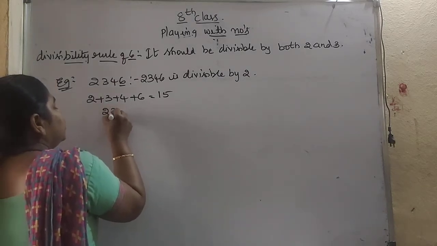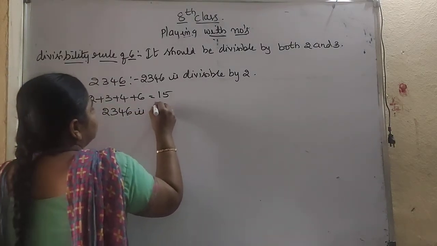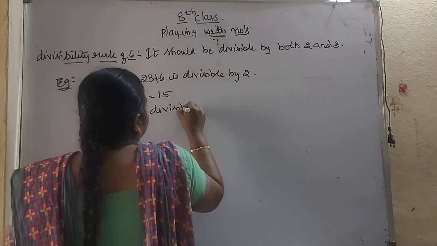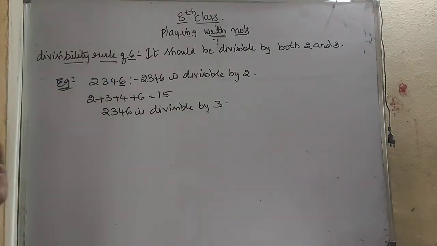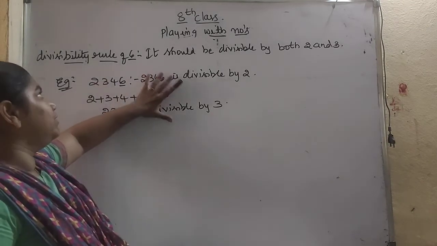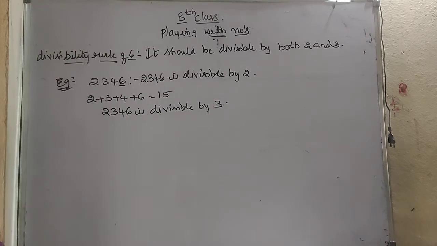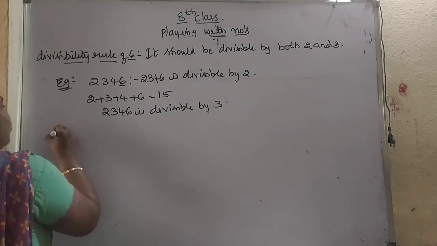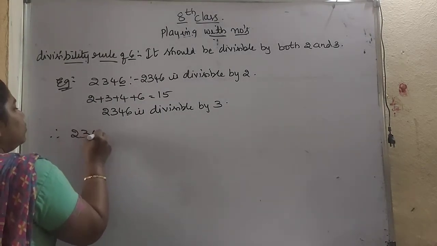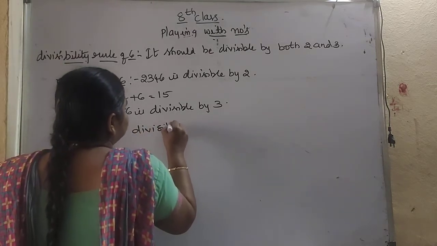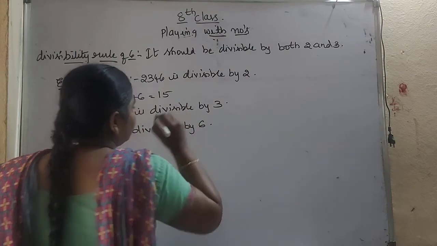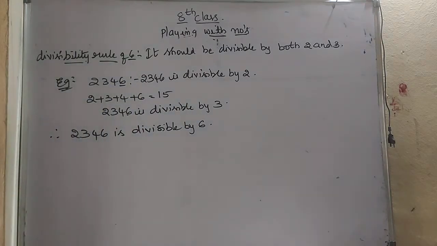So the 2 condition is satisfied and the 3 condition is satisfied. Both are satisfied, which means the condition of 6 will also be satisfied. Therefore, 2346 is divisible by 6. So this is the divisibility rule of 6.